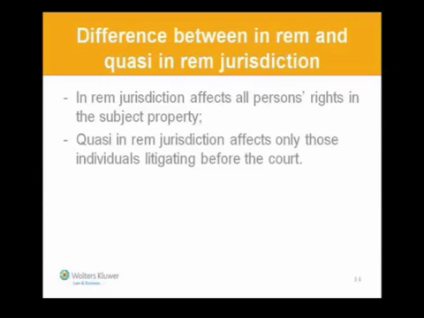On the other hand, if a court is determining ownership of a boat that has been attached by plaintiff, this exercise of quasi-in rem jurisdiction will only affect the rights of plaintiff and defendant, not absent parties or those over whom the court has no jurisdiction.